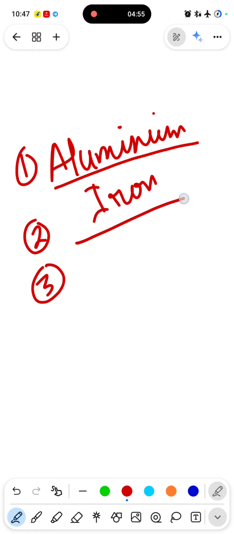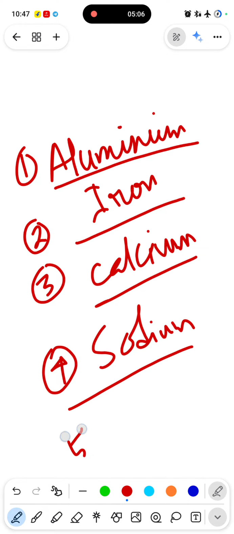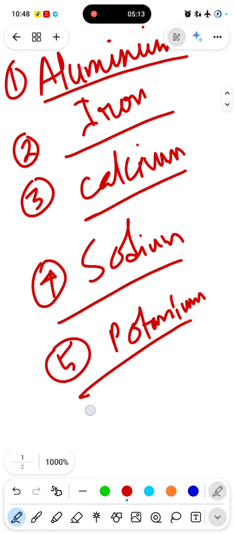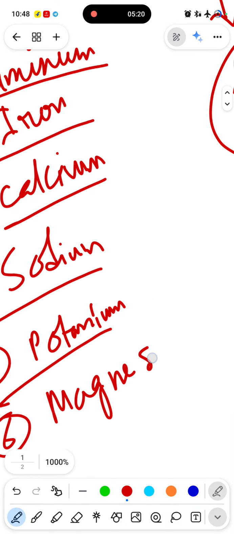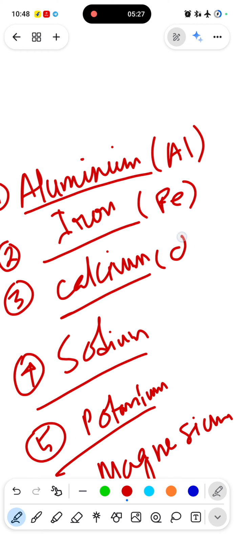Third most abundant metal is calcium. Fourth is sodium. Fifth is potassium. Sixth is magnesium. I'll write the symbols also: aluminium, iron, calcium, sodium, potassium, magnesium.